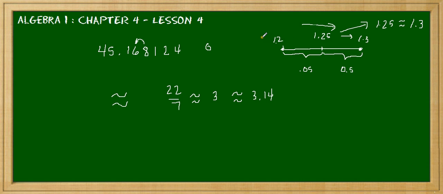Now if these were negative, it would actually be the other way around. Let's go ahead and draw the negative side. And here's negative 1.25. And if that were the case, then we know negative 1.2 would be on this side now, and negative 1.3 would be on this side. And again, we have the same distance, 0.05. Actually, it's a negative in a certain sense.